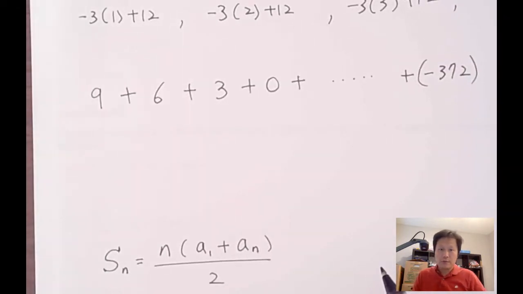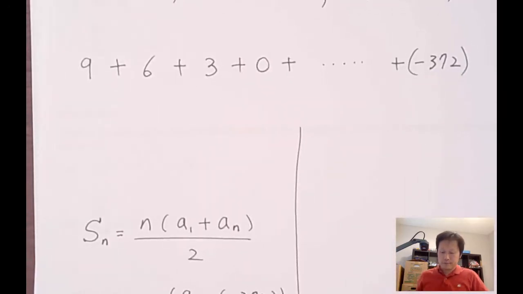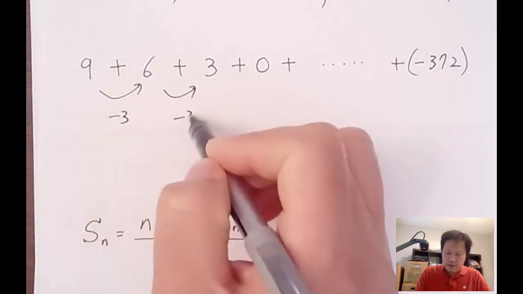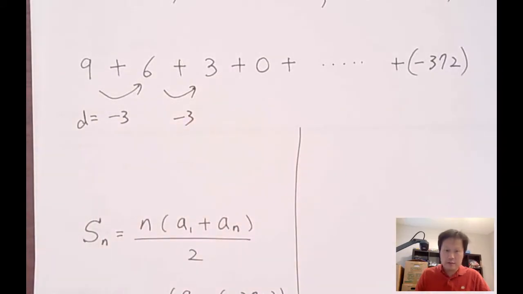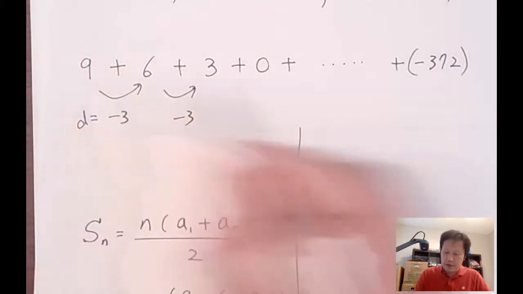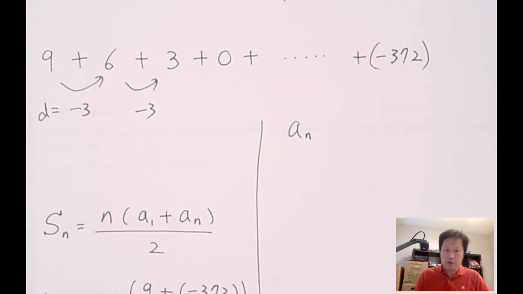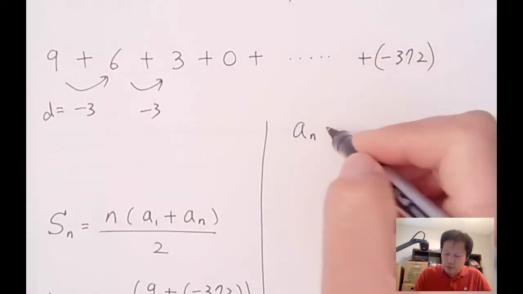Same calculation. So we do know that's a minus 3, that's the value of d. First element is 9. So using the arithmetic sequence formula, a sub n equal to a sub 1 plus difference, parenthesis n minus 1.